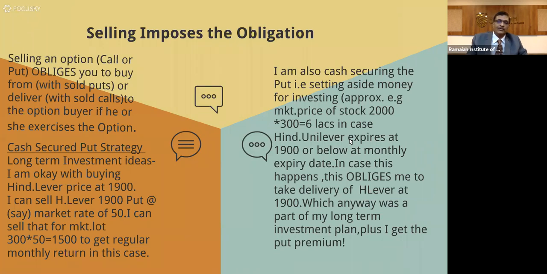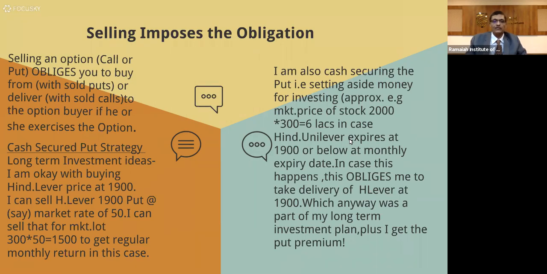What I can do is sell the Hindustan Lever 1,900 put and assume that the market rate is 50, right? Then every month after month, I can sell that. The market lot of Hindustan Lever for futures and options is 300. I can sell one lot or two lots, depending on your capacity, every month.